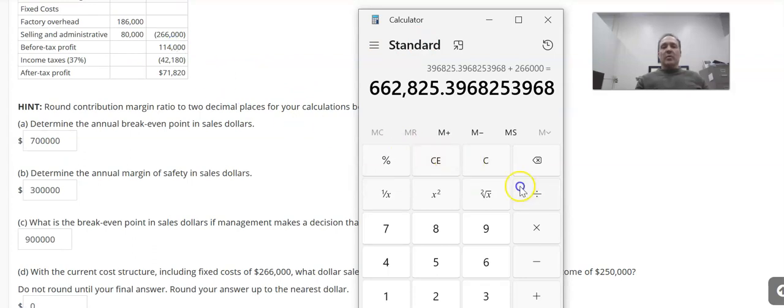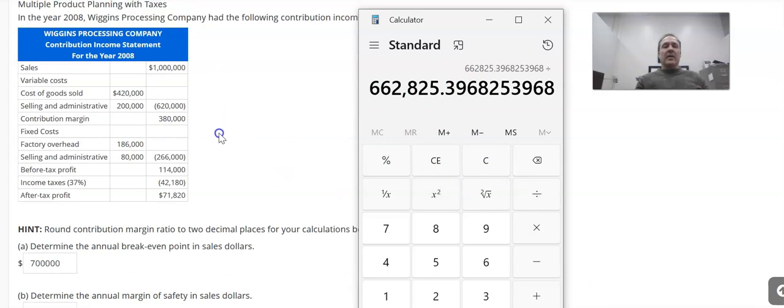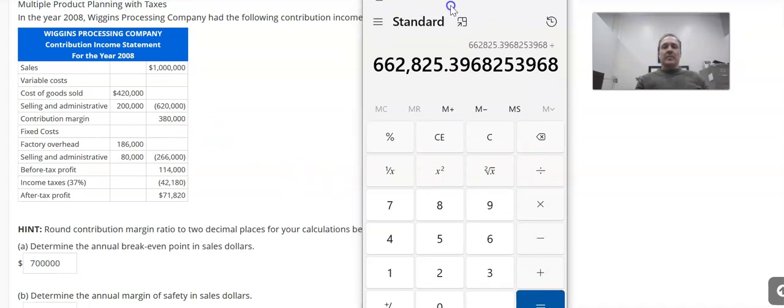Now what we're going to do is divide this figure by that contribution margin that we've already calculated of 38%. Okay, so divided by 0.38, and that's going to give us 1,744,277.36.